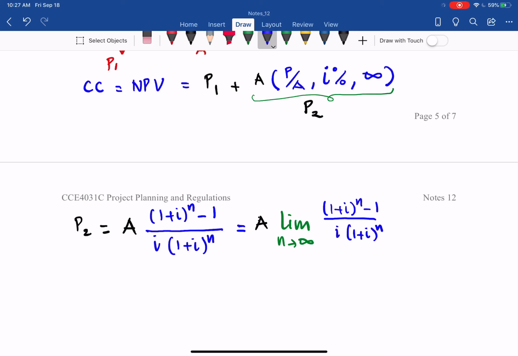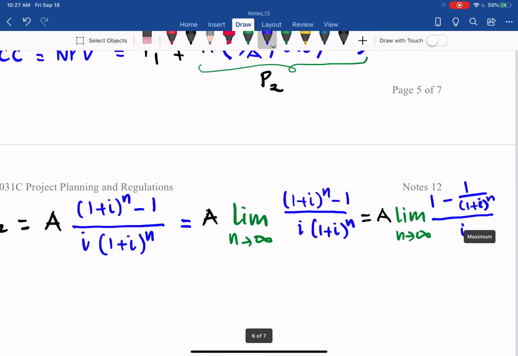And if I divide the numerator and denominator with 1 plus I power n, then the equation become 1 minus 1 over 1 plus I power n. And then the denominator, if divided by 1 plus I power n, it become I.